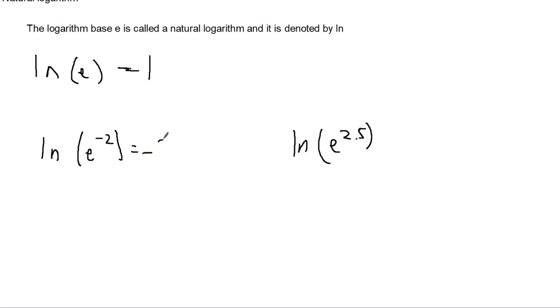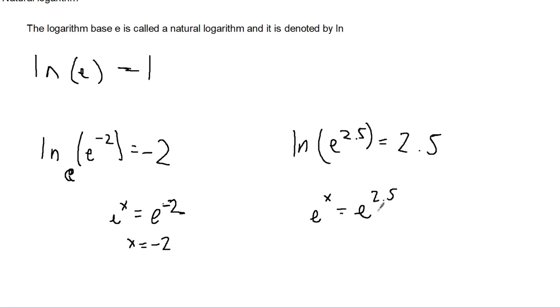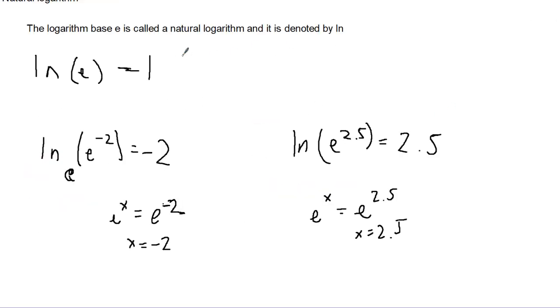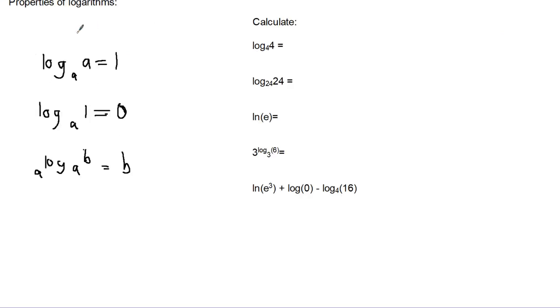It's just negative 2 because you put e down here. Log base e to the x is equal to e to the negative 2, and then x is equal to negative 2. Same thing for this one, e to the x is equal to e to the 2.5, x is equal to 2.5. Simple concept. Is that it? Okay, next.